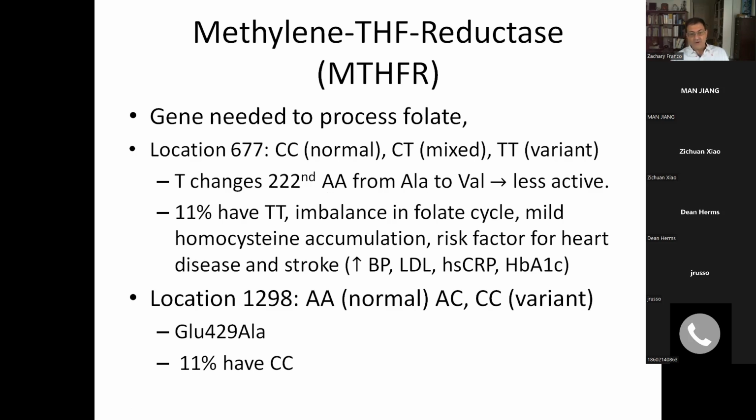And then you're going to attach a little green dye to what you've tagged to see if there's anything there. Then you wash out everything that's not tagged. And now you measure to see how much of your glow in the dark green, let's say, is there. And that will tell you if you have your T. If you have a little bit of T, it means it's mixed. If you have a lot of T, then you have the variant. And that's how we test for that.